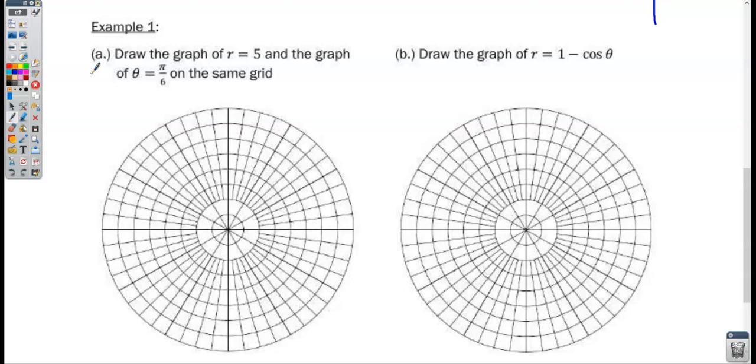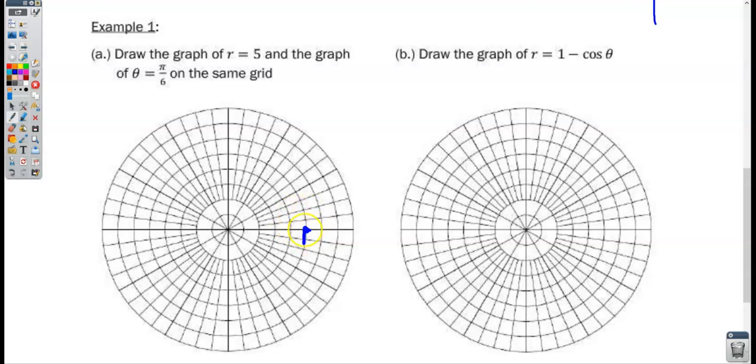The graph of r equals 5 is telling us to plot all the points where the radius is 5, no matter what the angle. On this polar grid, I'm going to go out to where the radius is 5, and usually we'll use the rings here to be our units.